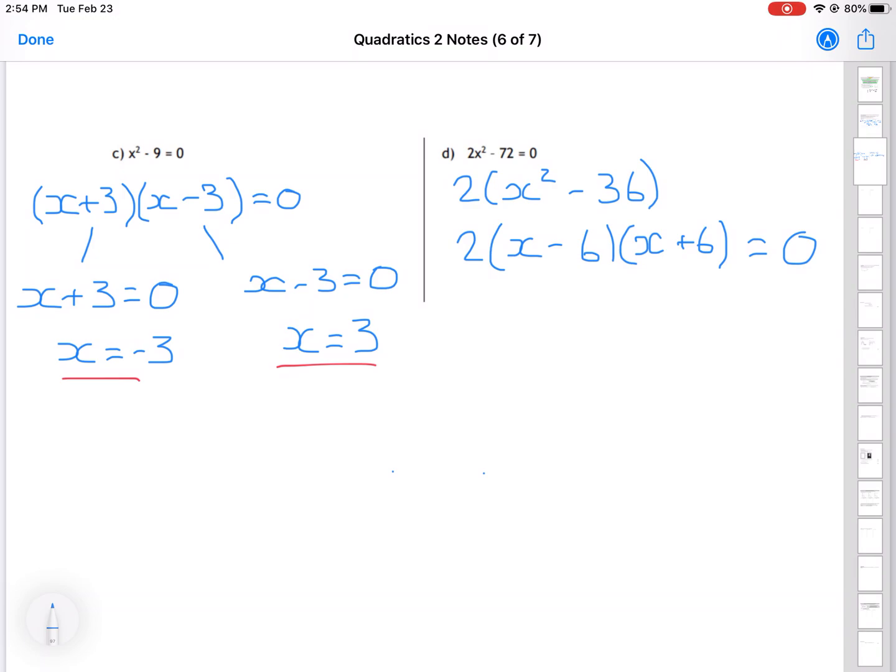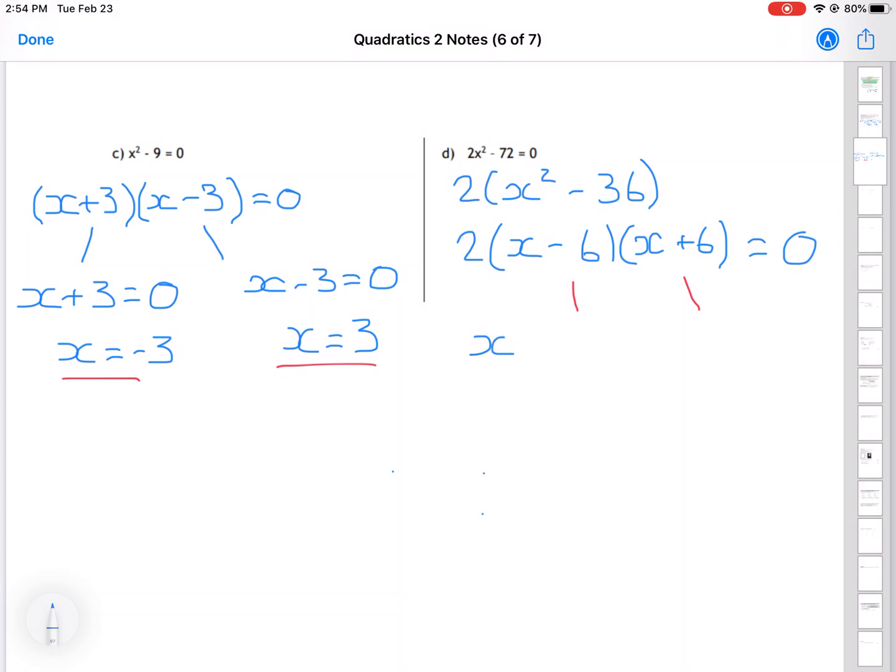Now, since we have 3 terms here, we know one of them has to be equal to 0. If I was to take all 3 of them, then the first thing I would say is 2 equals 0. But that's not possible. 2 is 2, it's not 0. So if we have a number out the front here, like we do with the 2, we don't need to include that in our next step. So we just leave that 2 out.